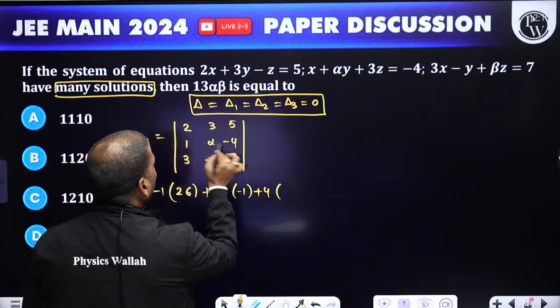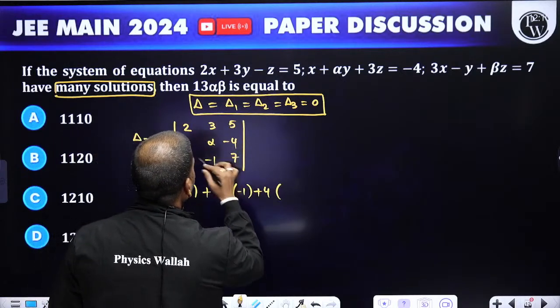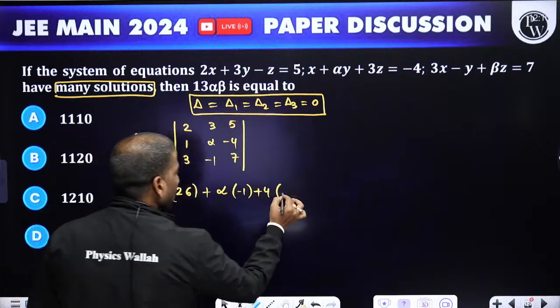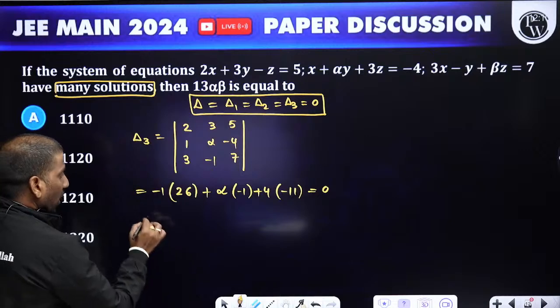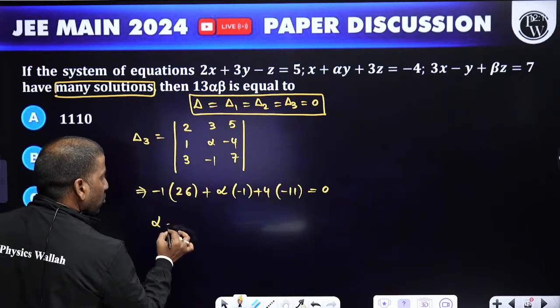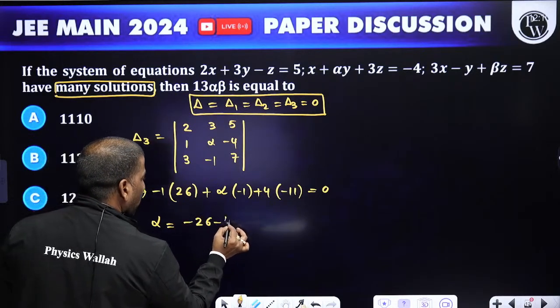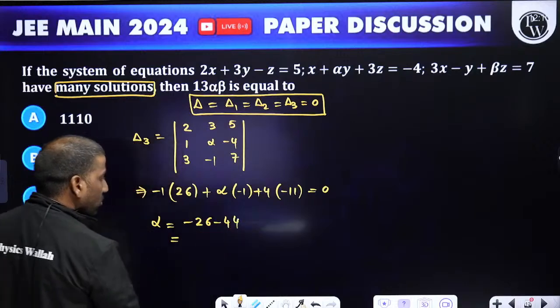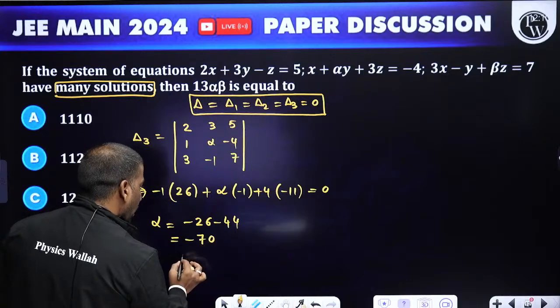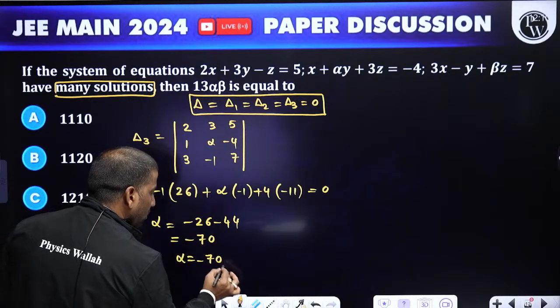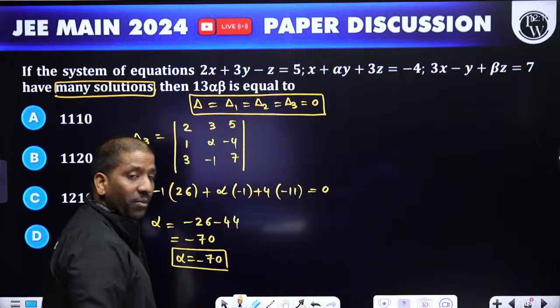Minus 4 plus 4, this is minus 2 minus 9, so minus 11, which is equal to 0. So alpha is equal to minus 26 minus 44, which is minus 70. Alpha is equal to minus 70.